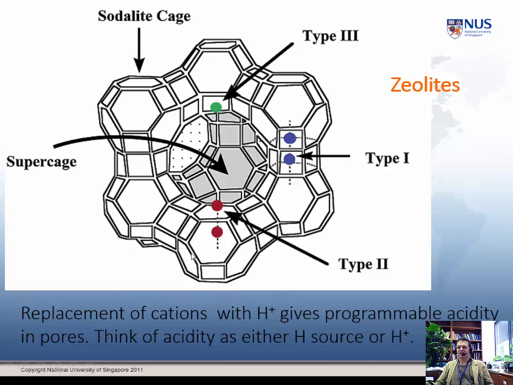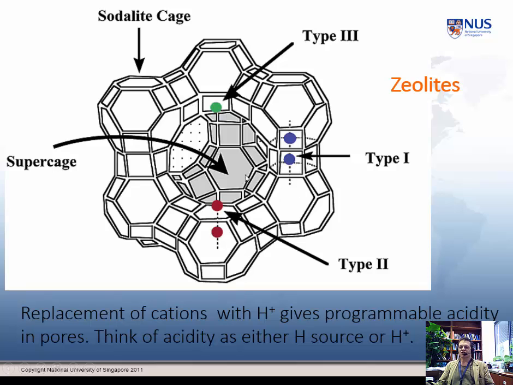So this type of, it's a sodalite cage. Each of these, if you like, are a little mini cage, and so there are holes, there are ways into it, and you can have programmed acidity inside it. So you can have reactions occurring in there and going from one cage to another through like a channel, if you wish.